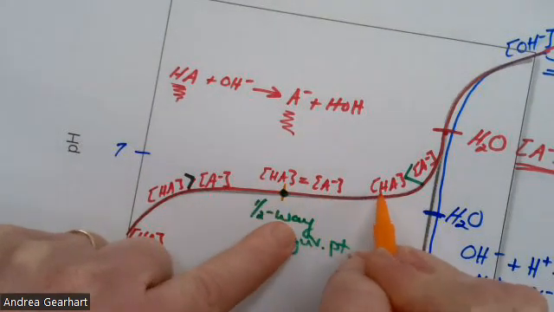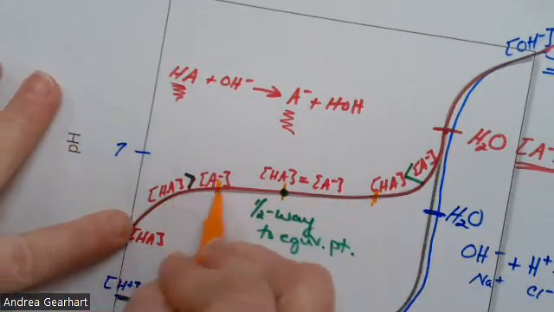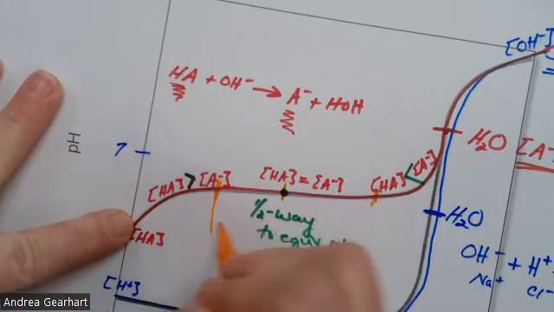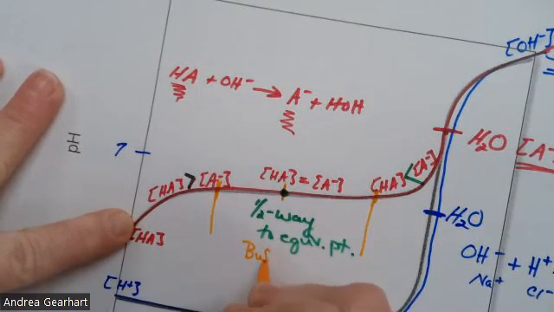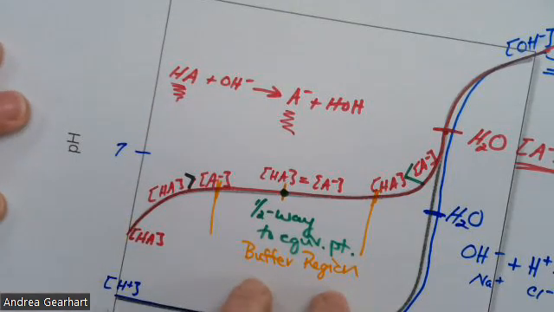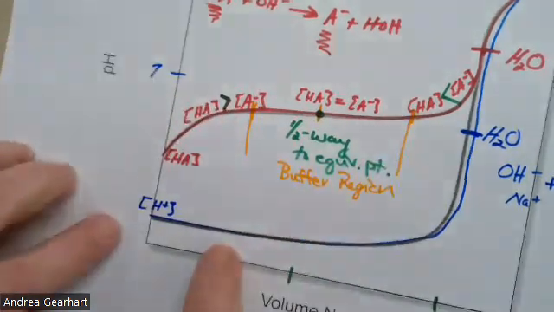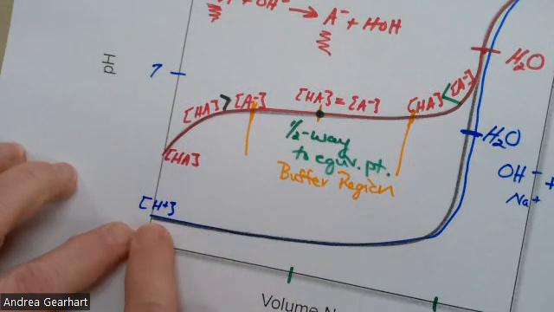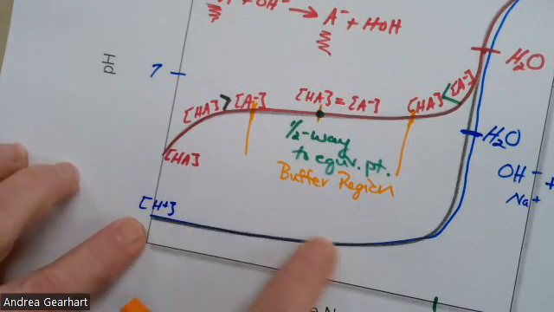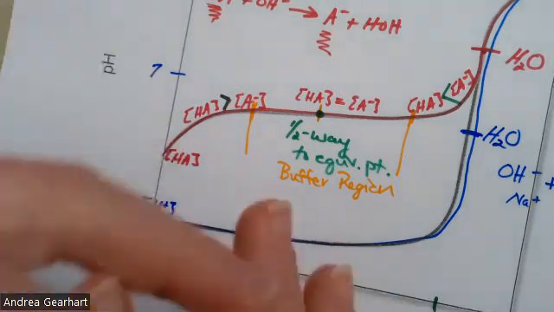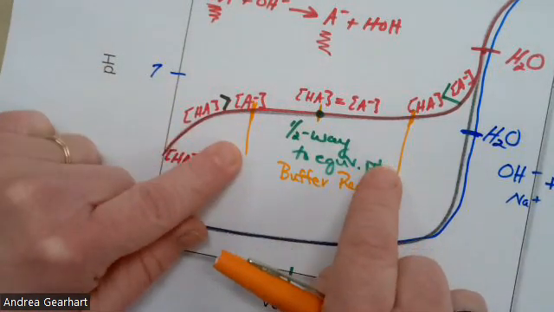But we would say this whole area where we're kind of flat, we call that the buffer region, because it's protecting the solution from a drastic change in pH. So look at that. That's why it flattens. Now here, no strong acid, we're not making the required ingredients. So how about that?